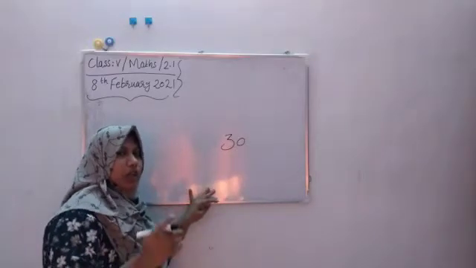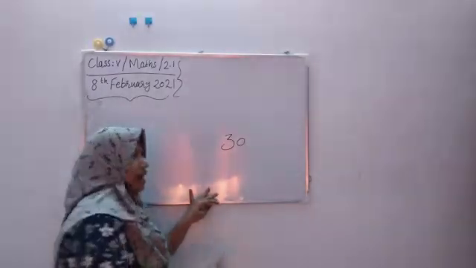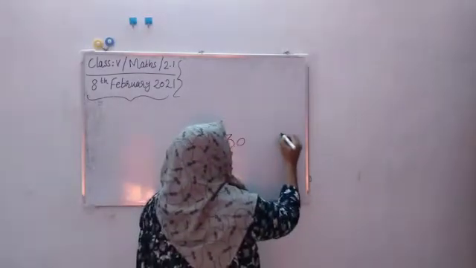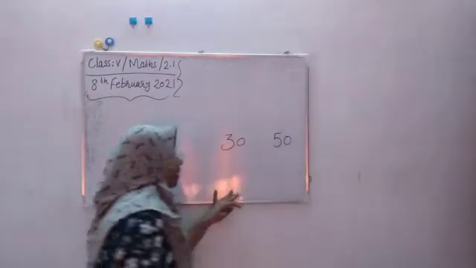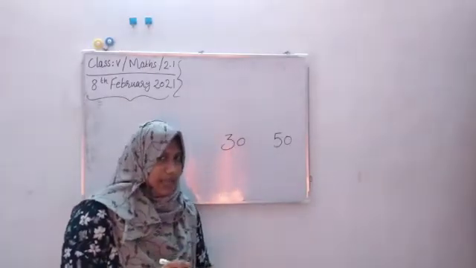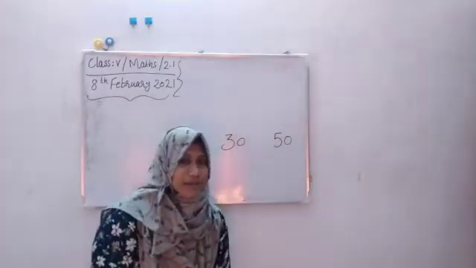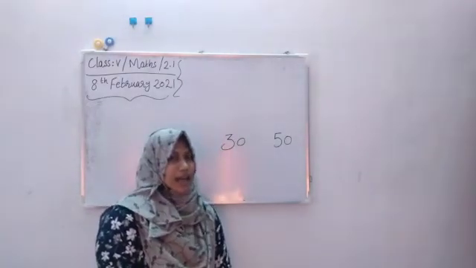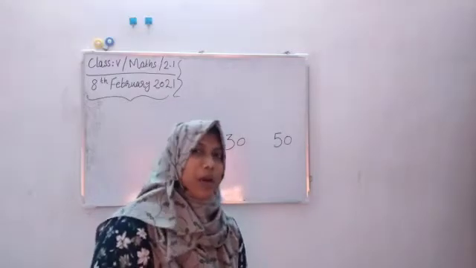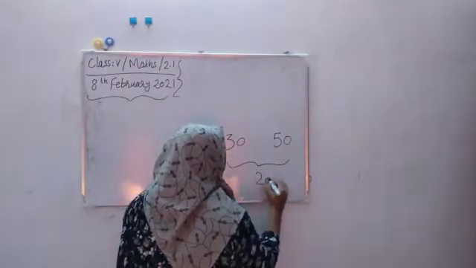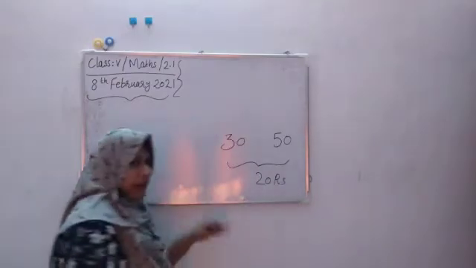Then you sell that fish after some days or some months for rupees 50. Then you got 20 rupees more, is it? That 20 rupees is your, yes, profit. We all sell items to get a profit, is it? Here you get a 20 rupees profit.